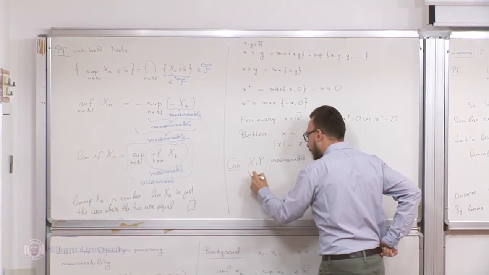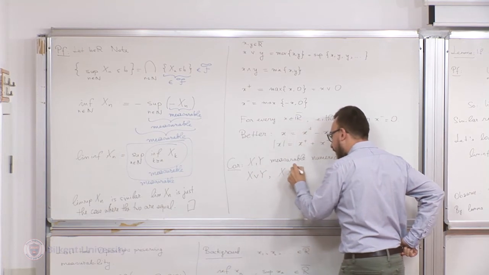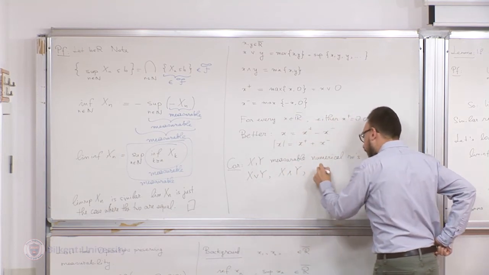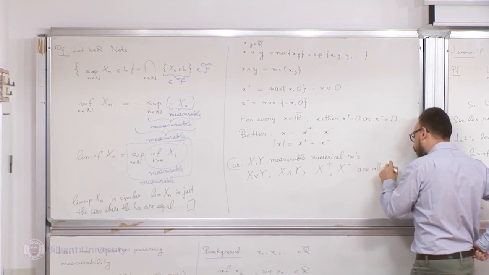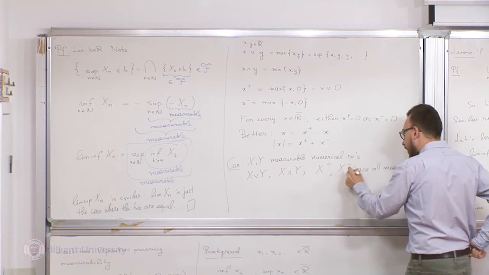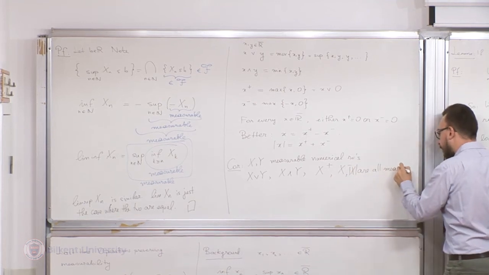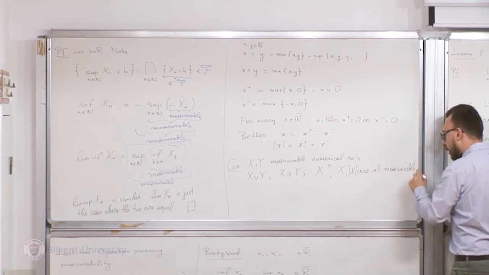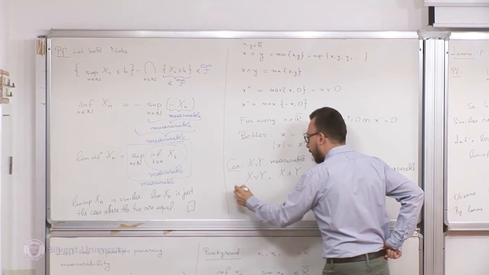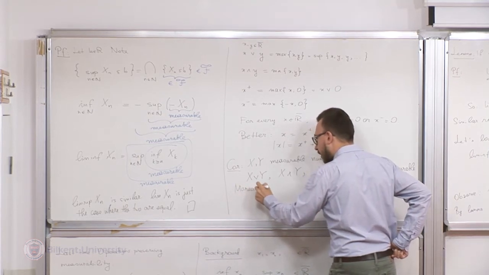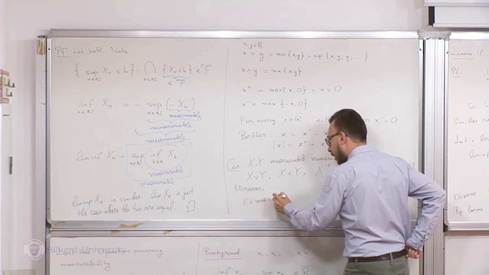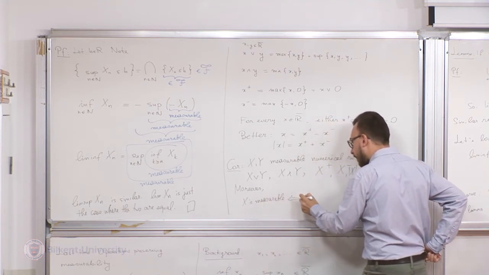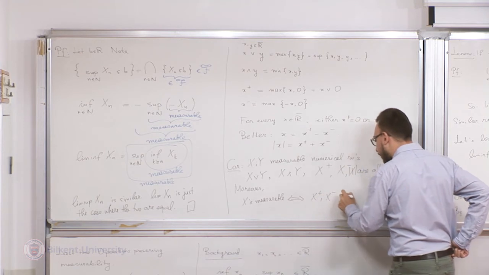Then maximum of x and y, minimum of x and y, x plus, x minus are all measurable, and even the absolute value is measurable. Moreover, x is measurable if and only if x plus and x minus are measurable.